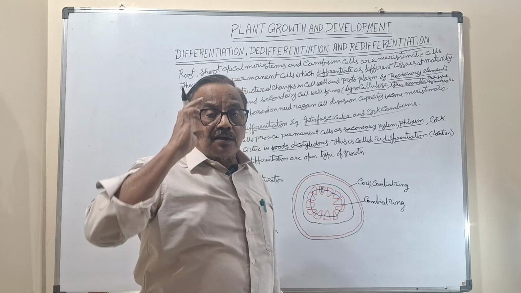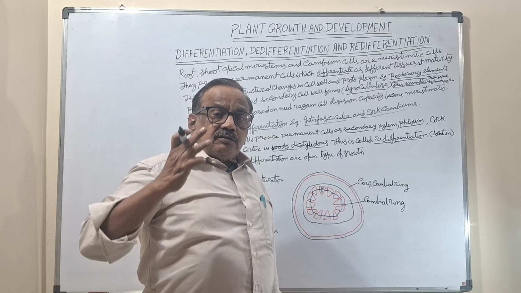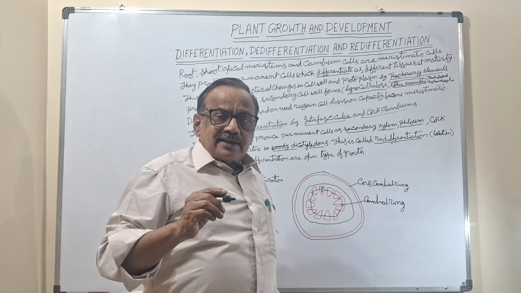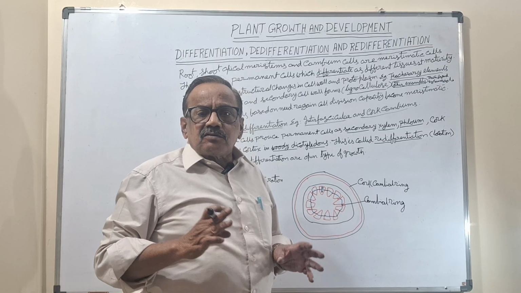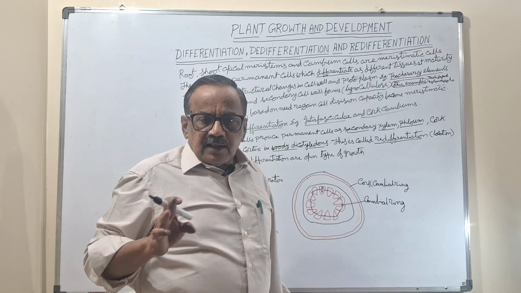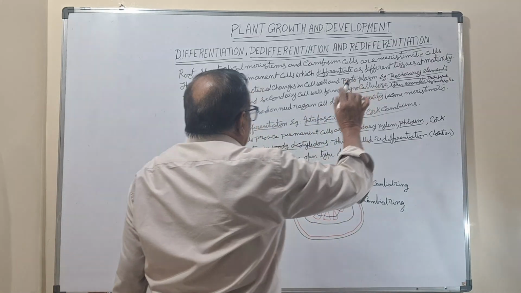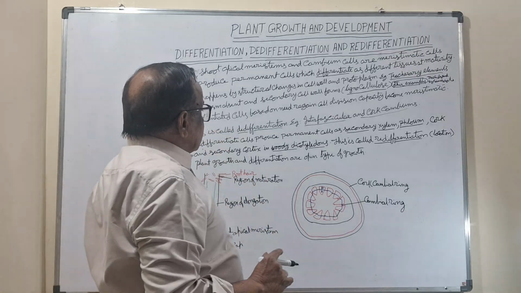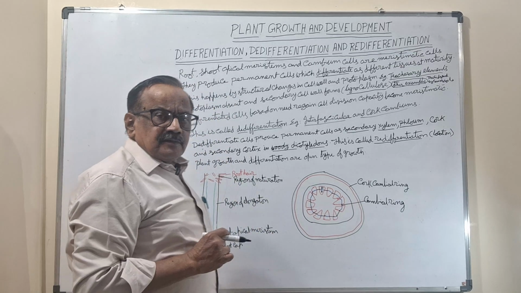It has to transport water that much height with high tension. So to tolerate the tension, such a mechanism, that lignocellulose, will be useful. That is the thing. And the next will be differentiated cells.